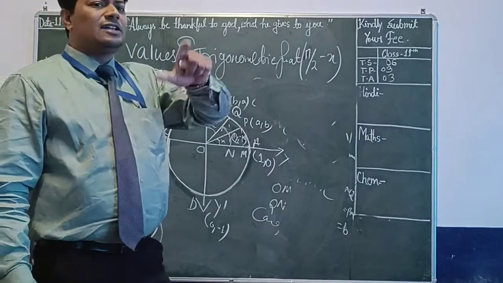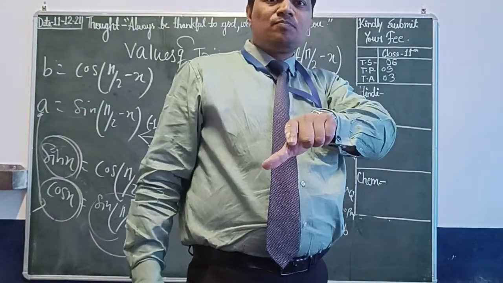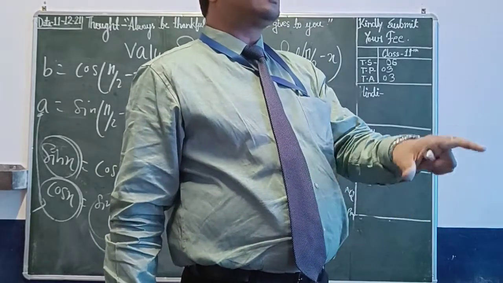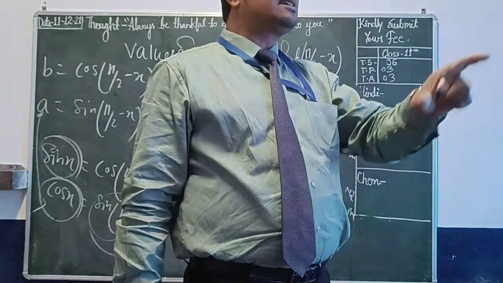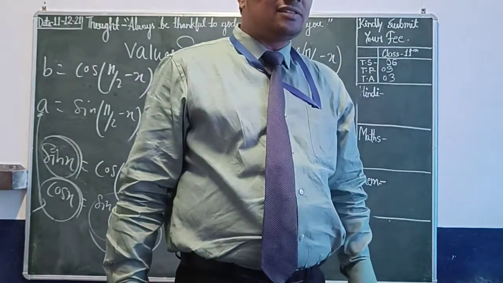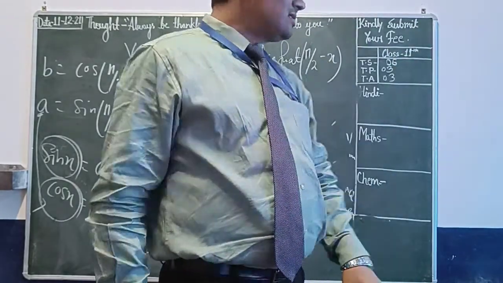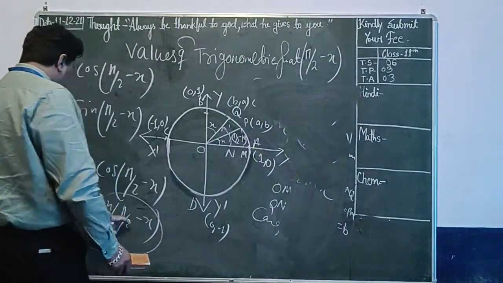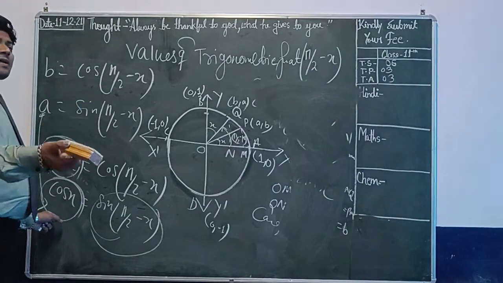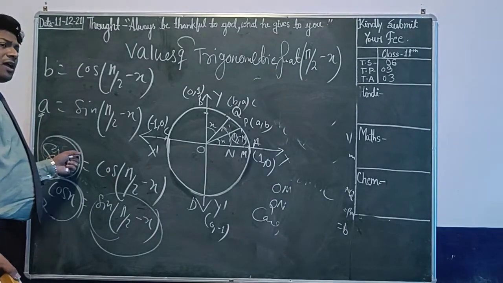So this was the thing. In the same way, if you have the values of sin and cos, tan will change in the same manner, because tan(pi by 2 minus x) equals sin(pi by 2 minus x) divided by cos(pi by 2 minus x). Sin(pi by 2 minus x) is simply cos x, and cos(pi by 2 minus x) is simply sin x.